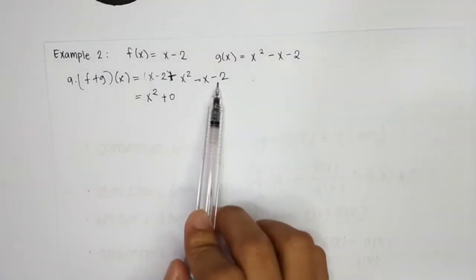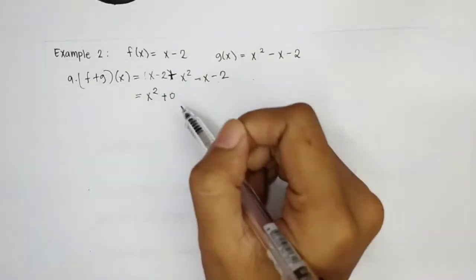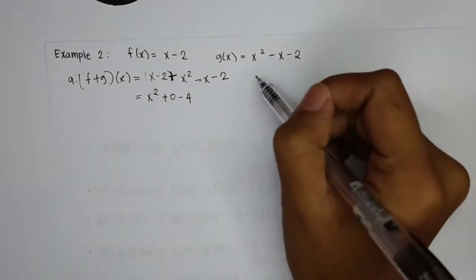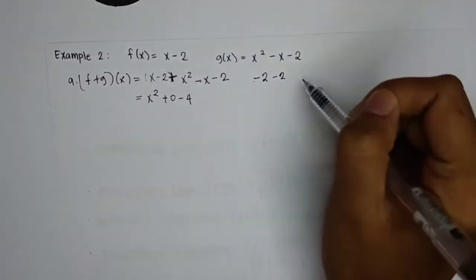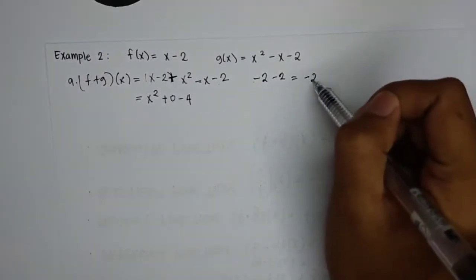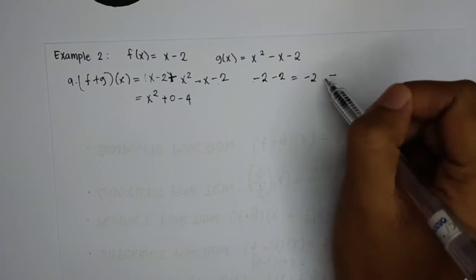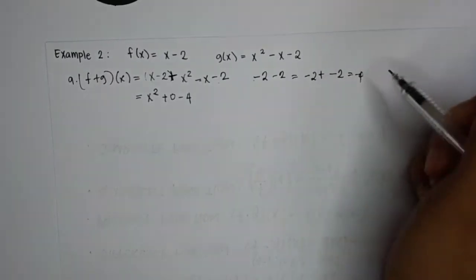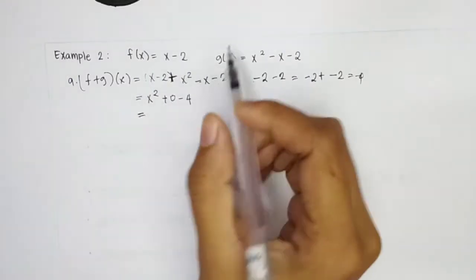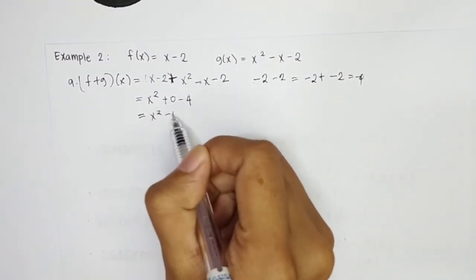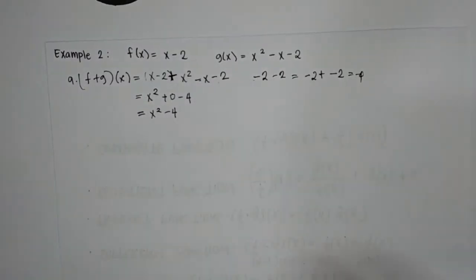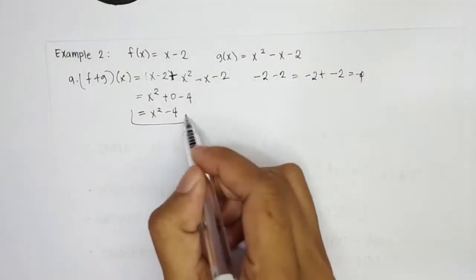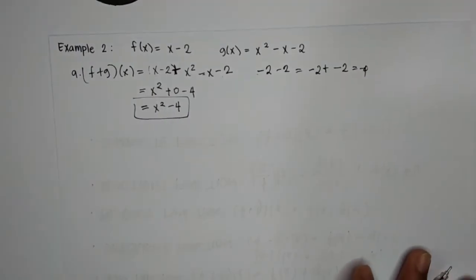Then negative 2 minus 2, that is negative 4, since, di ba, parang ganito siya, negative 2 minus 2, that is equal to negative 2, change the sign of the subtrahend, then proceed to addition, so that will be like that. So this will be now negative 4. Okay, so final answer natin, we have x squared minus 4. Okay, so that is the sum of our function.